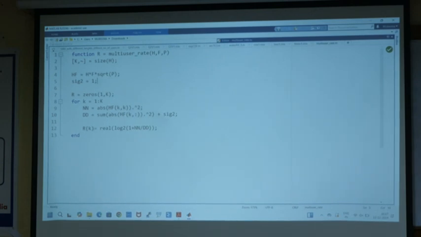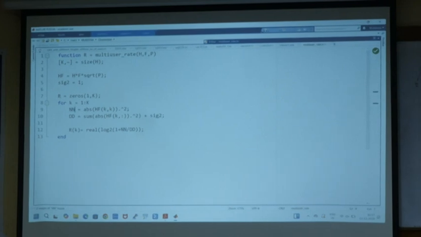The rate is given by real log 2 of 1 plus numerator divided by denominator. The numerator is the desired signal power, given by h transpose f k, that is HF k comma k, the kth element. I have done all the multiplication here, so I am just choosing the element and taking the absolute square.